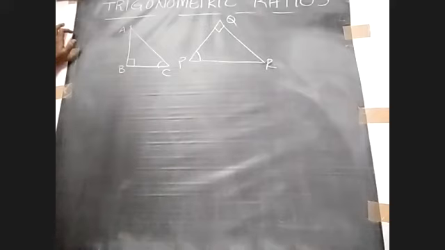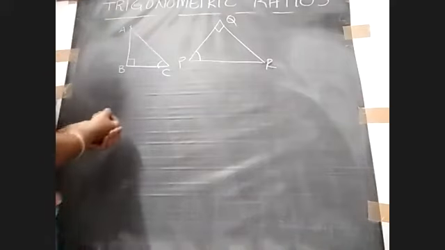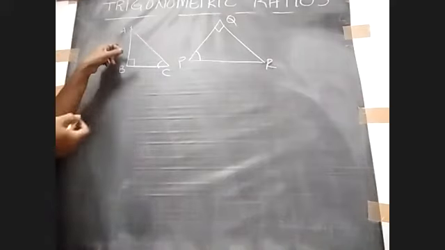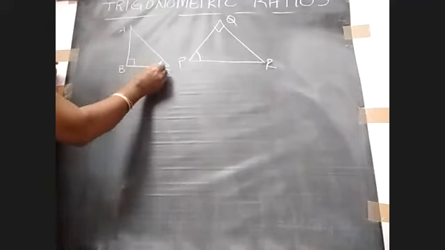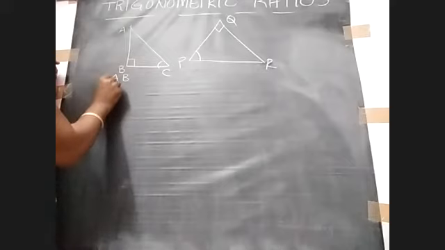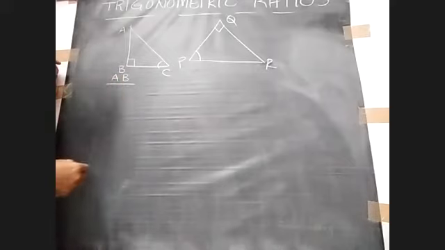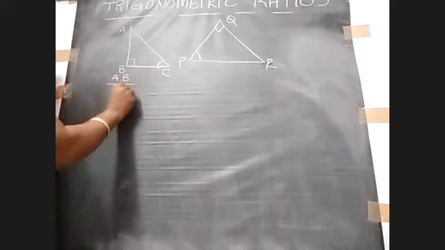Now I am ready to find the ratio between the opposite side and the hypotenuse. What is the ratio between the opposite side of angle C and the hypotenuse? The opposite side of angle C is AB, and I am finding the ratio, meaning divided by the hypotenuse, AC.